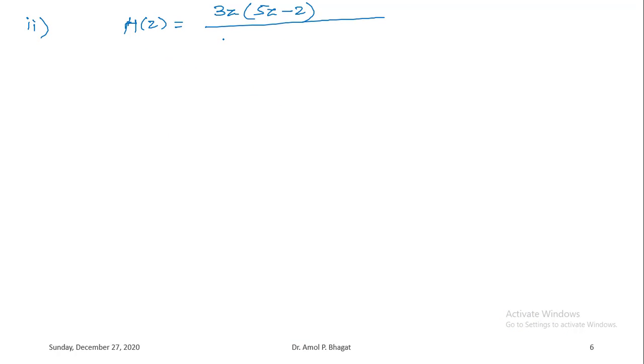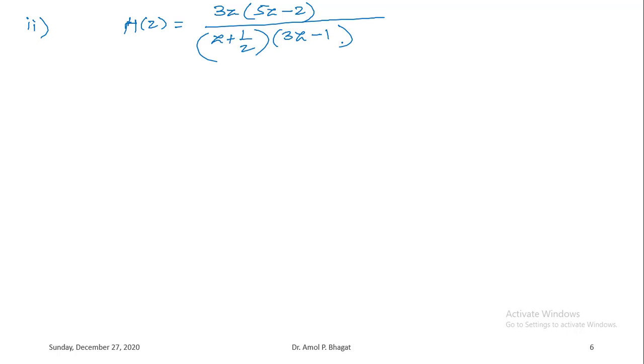So z plus 1 by 2 and 3z minus 1 is there.